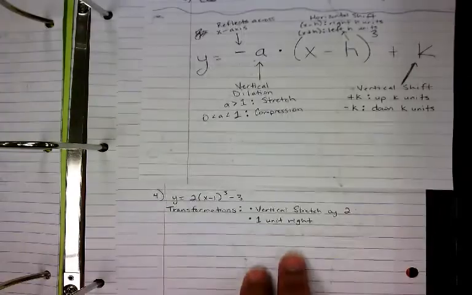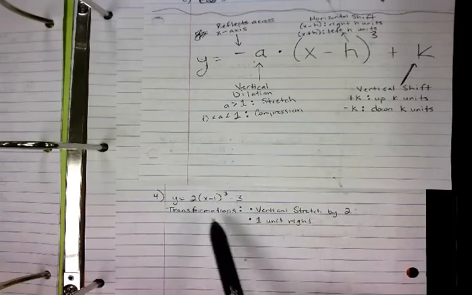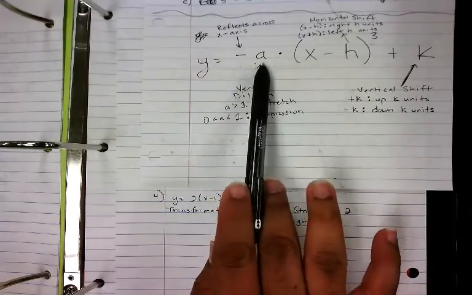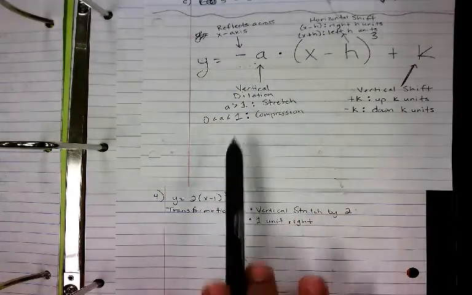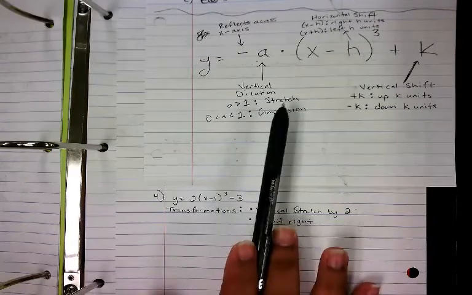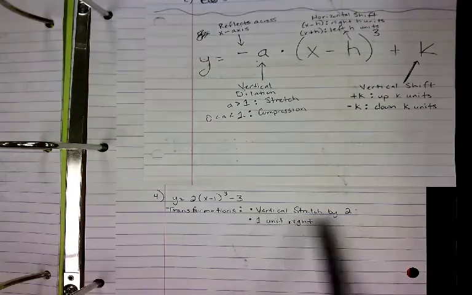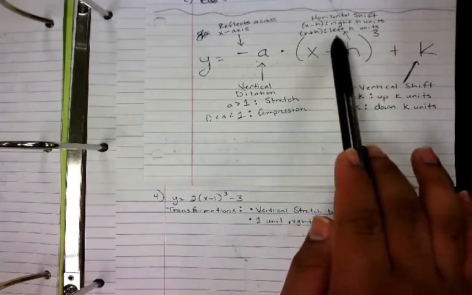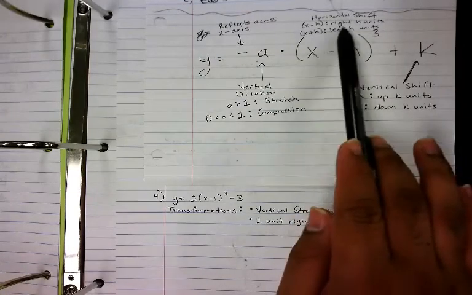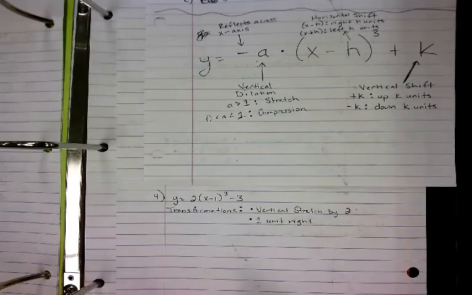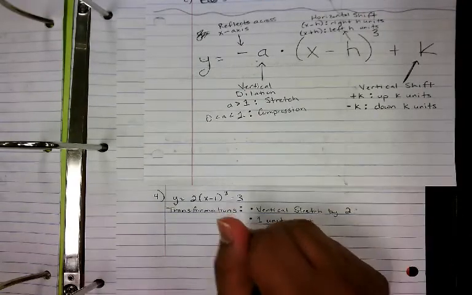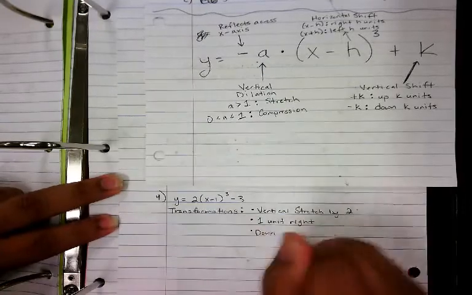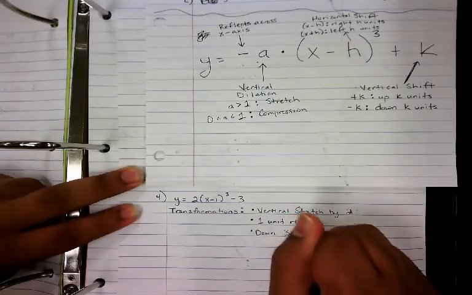The first part we did was 2, A is right here. A is greater than 1, it's a stretch. So we did vertical stretch by 2. Then you got x minus h, which means going to the right, 1 unit right. And then you got K, where it says minus 3, so you're going down 3 units. Okay, down 3 units.